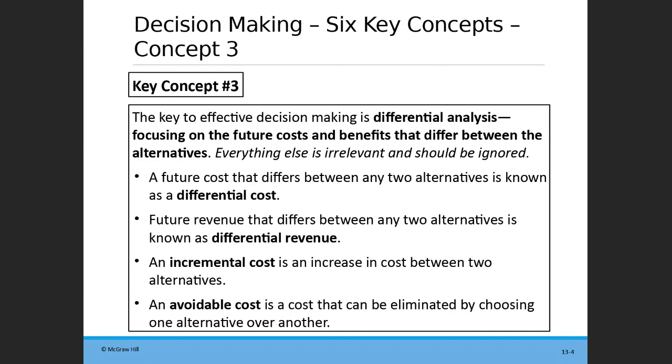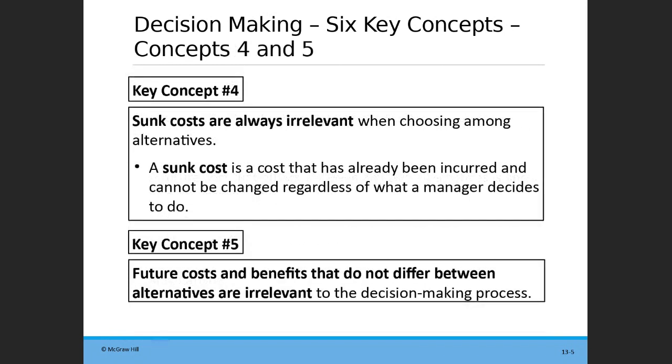Are revenues going to be different between these two choices? Is there something going to increase the incremental cost and avoidable costs? Is there something like, if I make this choice, I won't have that cost? So we have to think about which data we use and leave out the irrelevant stuff.